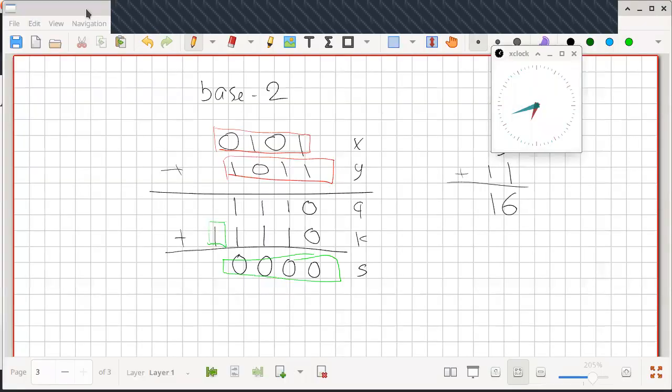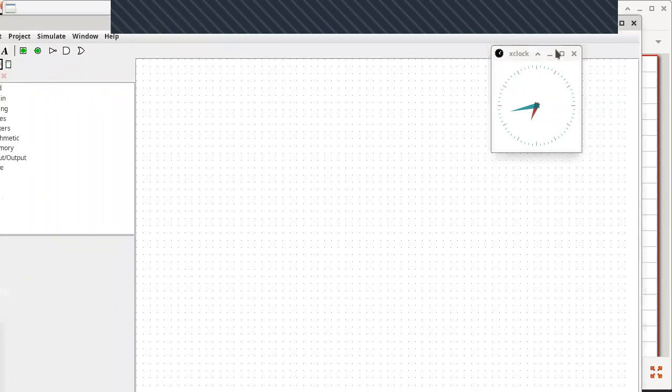So I am going to start up LogicSim, with java -jar. So here's LogicSim.